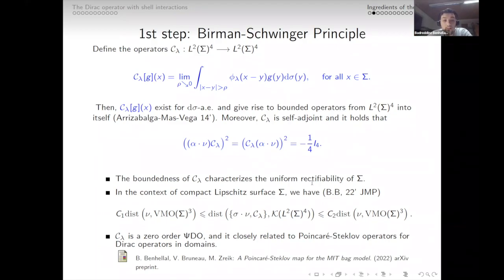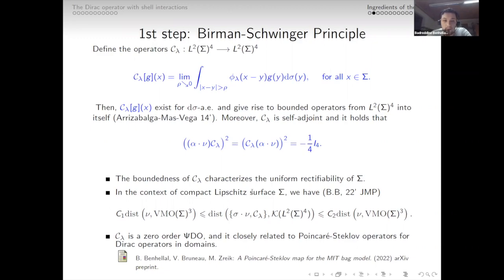In this sense, you can open any paper on shell interaction for the Dirac operator, and the first thing that you ask is whether this operator is bounded. This is the largest class of surfaces on which we can study this kind of problem.